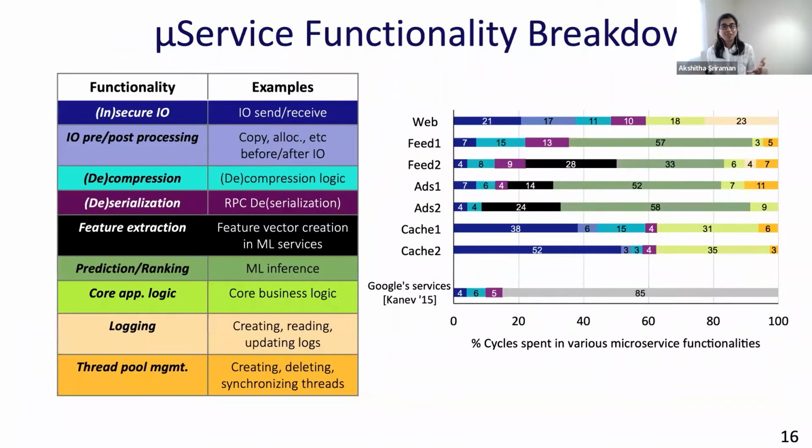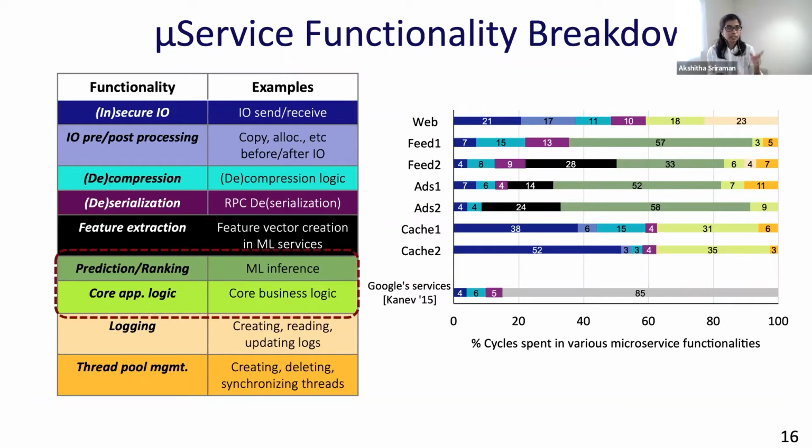So in this graph, we went on to break down these different orchestration operations into underlying operations such as sending and receiving an IO request, processing the IO, compressing the data element, serializing the request, and so forth.